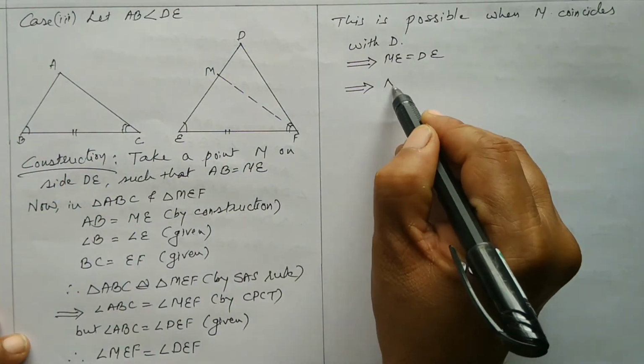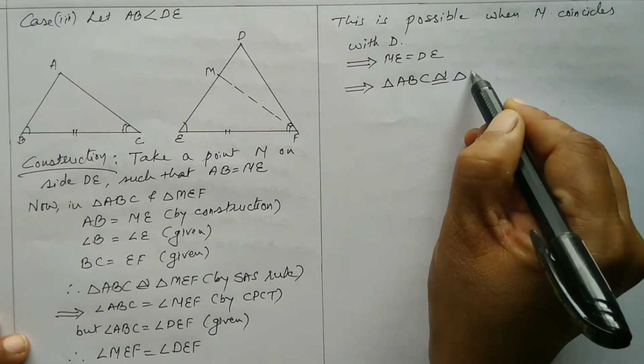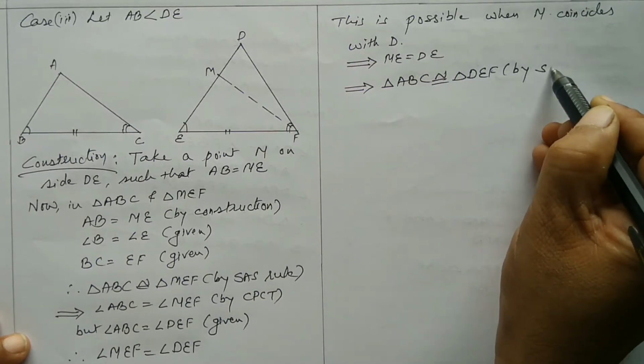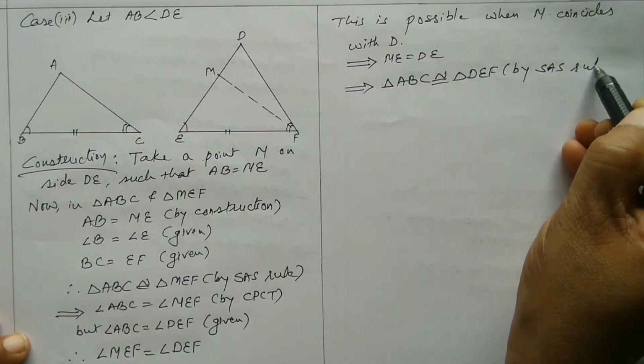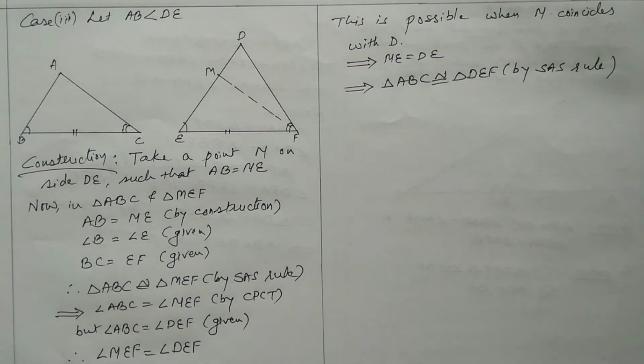So this implies that triangle ABC is congruent to triangle DEF by side angle side rule. So we have considered here three cases. Hope you have understood this theorem. This theorem is also called as angle side angle congruence rule.